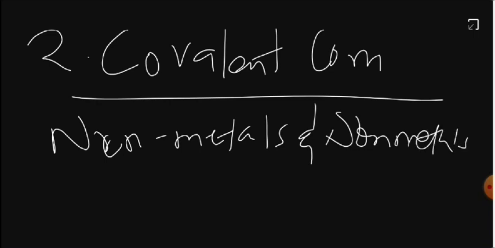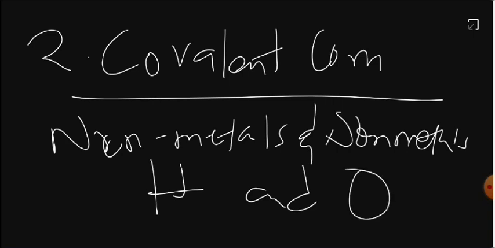So it's a bonding that occurs between non-metals and non-metals. For example, the bonding between hydrogen and oxygen. Hydrogen is a non-metal, oxygen is also a non-metal. So the bond that is between these two is a covalent bond. And the type of bonding that exists is a covalent bonding.